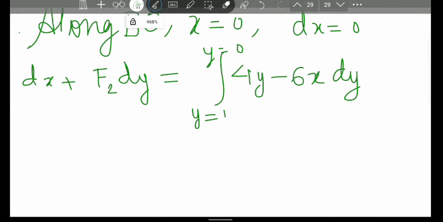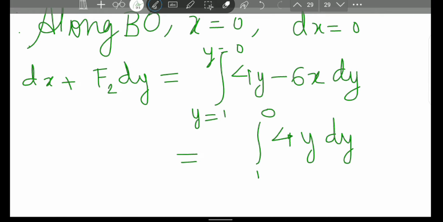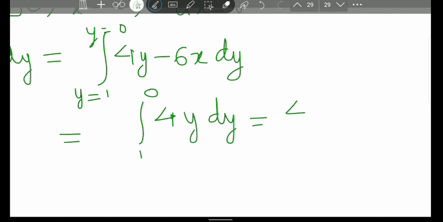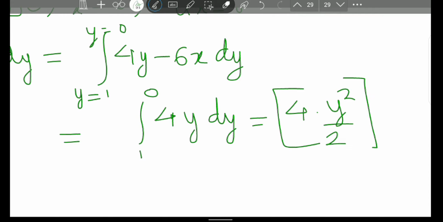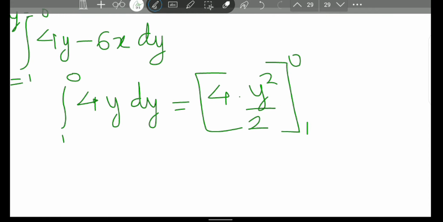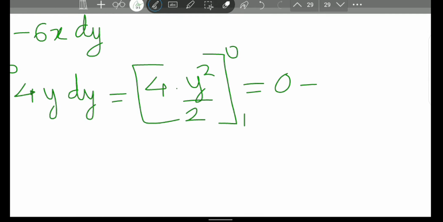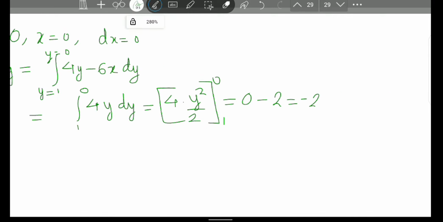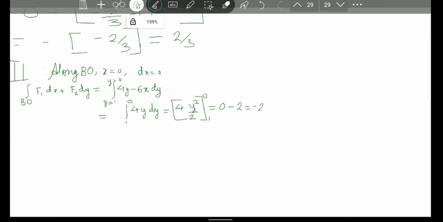But along BO we have x equal to 0, so this is just the integral from 1 to 0 of 4y dy, equal to 4 into y square by 2, from 1 to 0. When you write the upper limit 0, we have 0. When we write the lower limit, we have minus 2. That's minus 2.